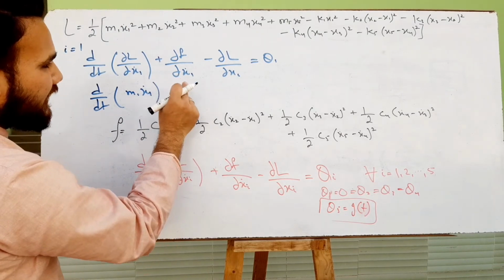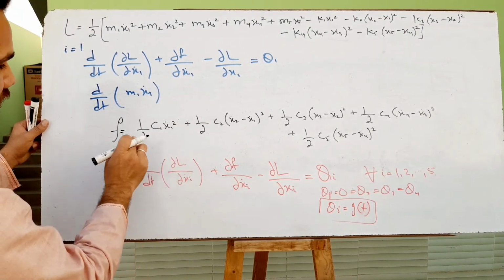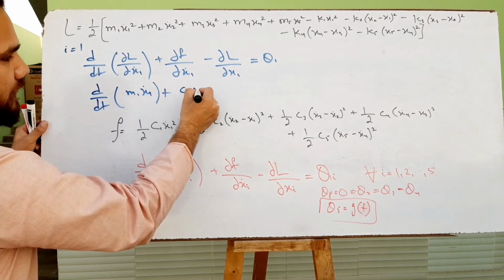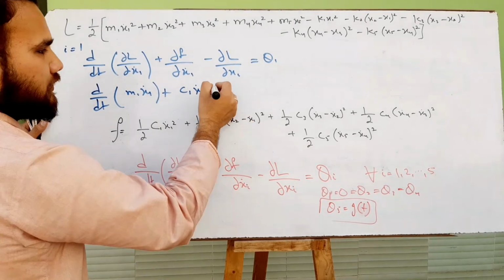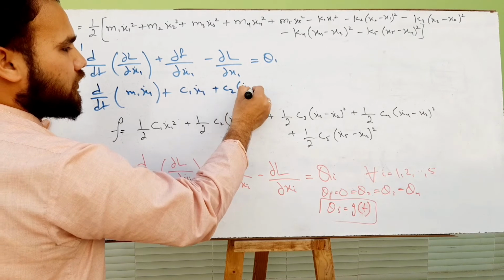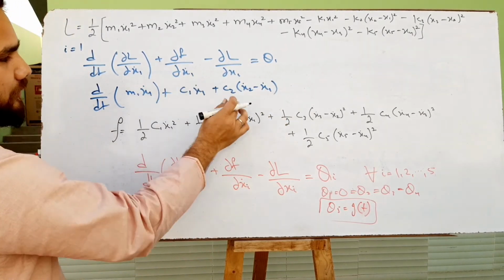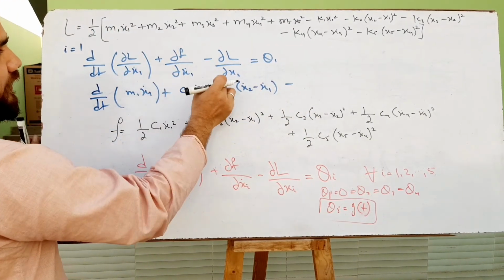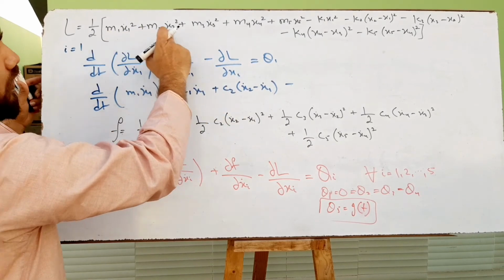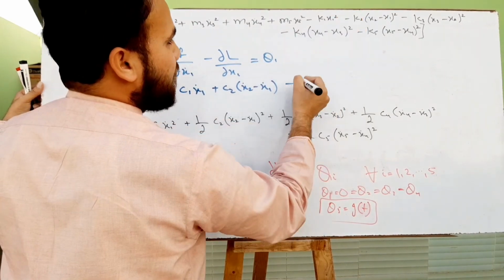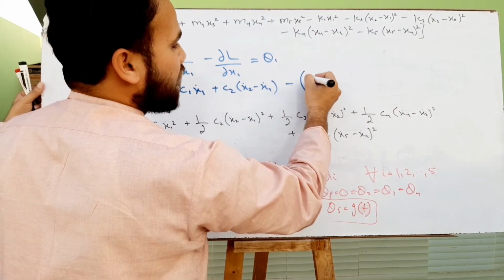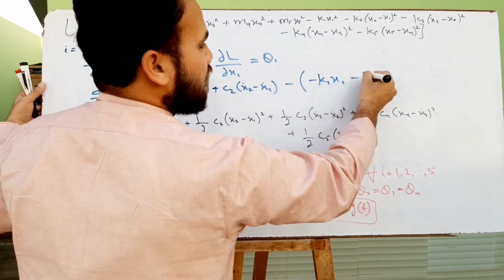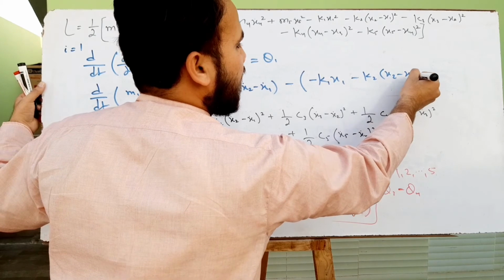And if we differentiate F with respect to x dot 1, we get c1 x dot 1 and c2 x dot 2 minus x dot 1. These two terms will be left in this part. And the last one, minus partial L by partial x1: if we differentiate L with respect to x1, all the other terms will be 0, only these two terms will be left, minus k1 x1 and minus k2 x2 minus x1.